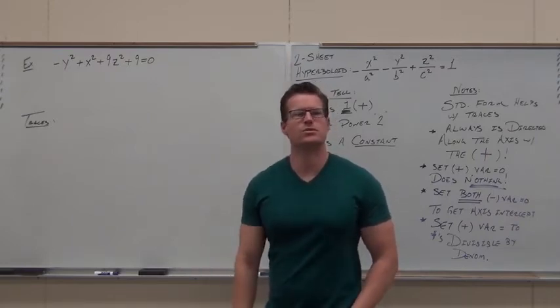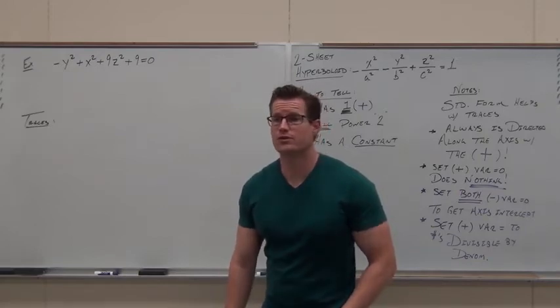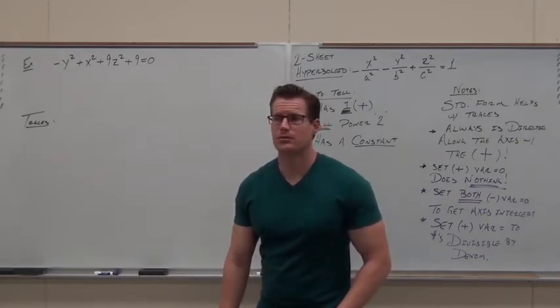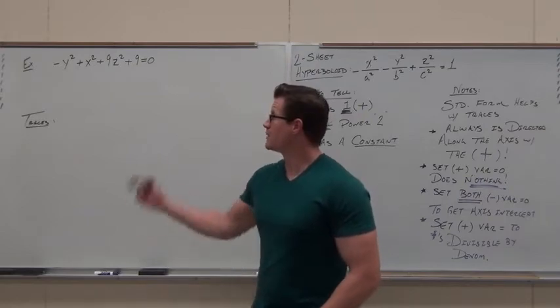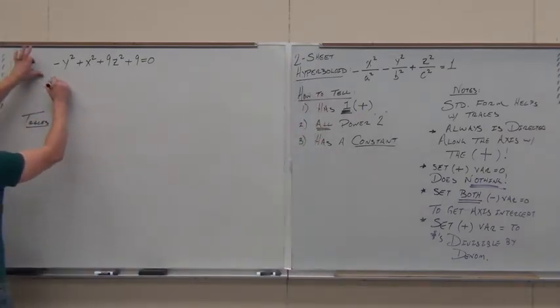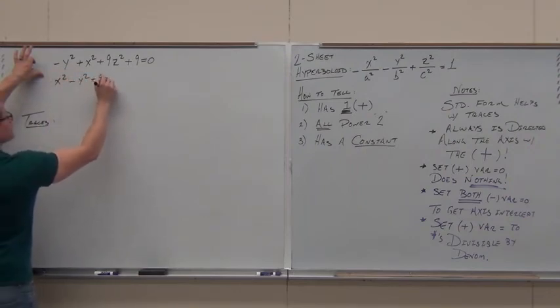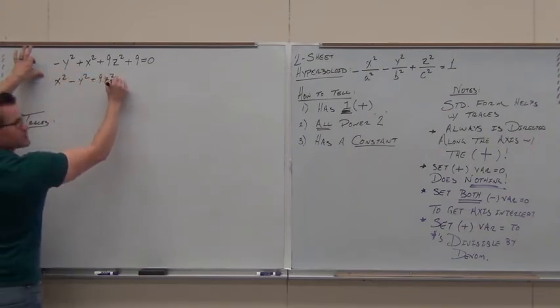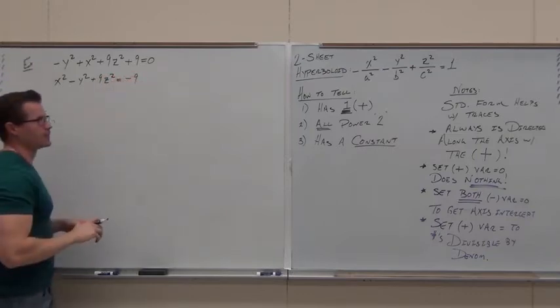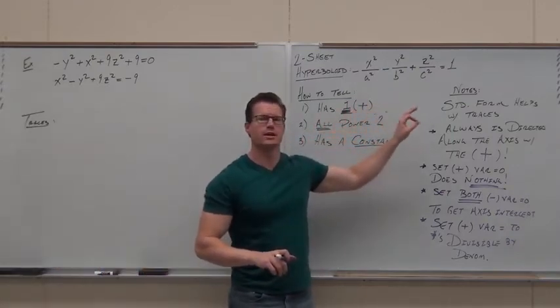Okay, what would you do here? Move the what first? The constant, probably. And then I would reorder my variables. Oh, but what's it going to be? I told you, it's not super necessary, but standard form really helps.